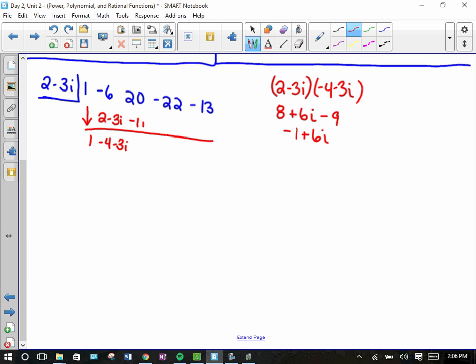So, 20 plus negative 1 is 19, and then plus 6i. Huh? Oh, that is negative 17. Negative 17 plus 6i. That's going to be 3 times 3 plus 6i.